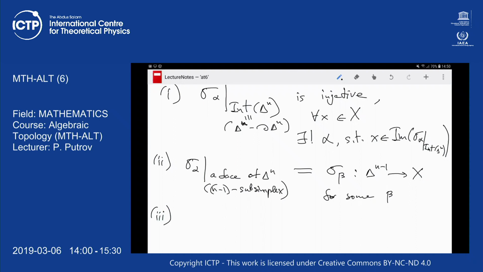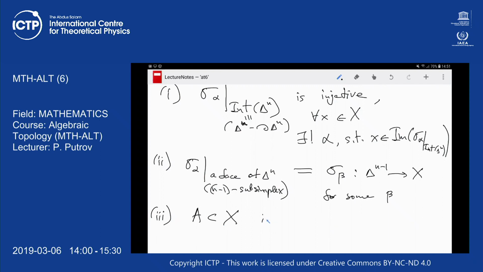And the third property which we want is about the topology of X, how the topology is related to this delta complex structure.